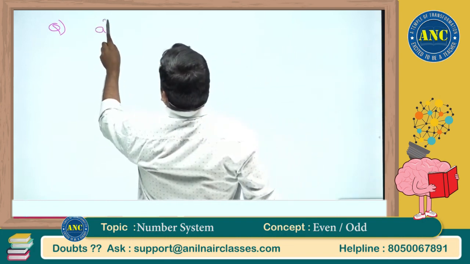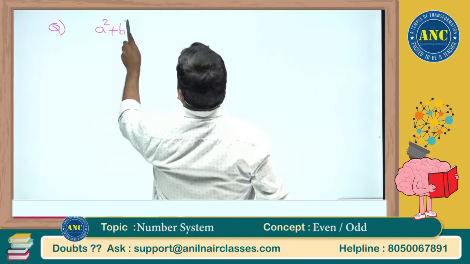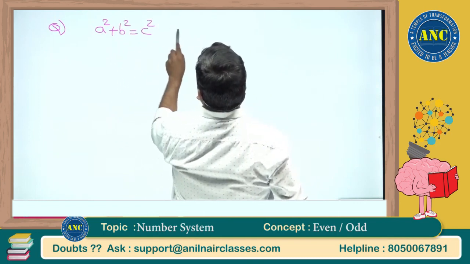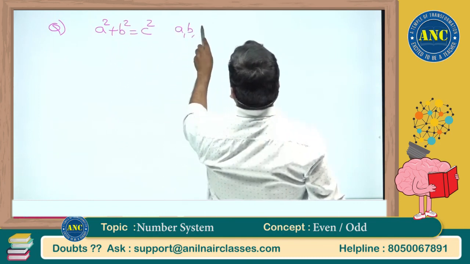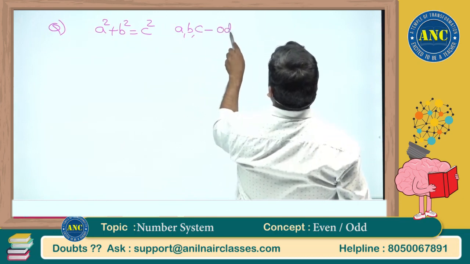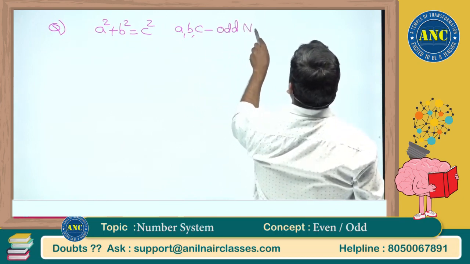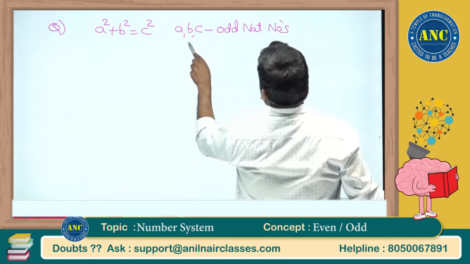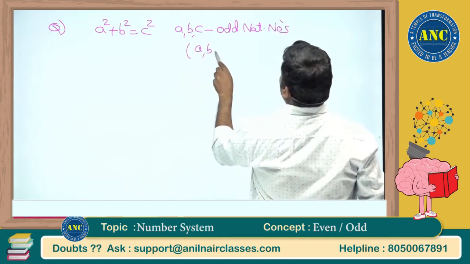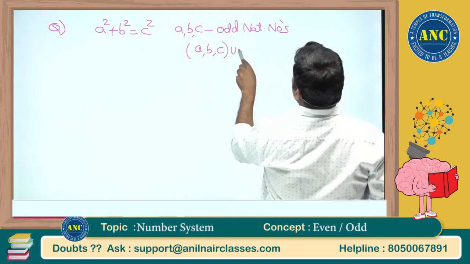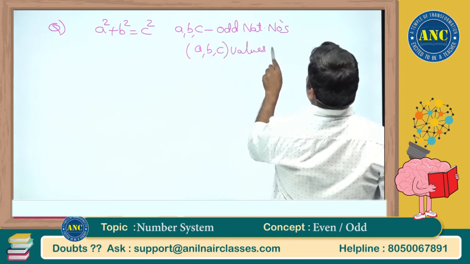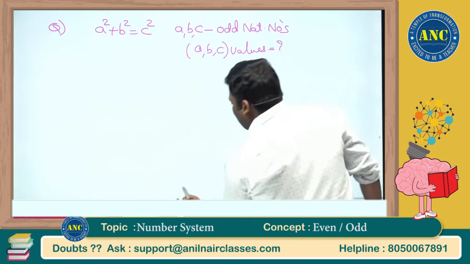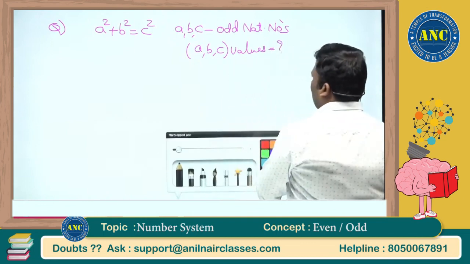A square plus B square equivalent to C square. A, B, C are odd natural numbers. How many values can A, B, C take such that A square plus B square equivalent to C square?